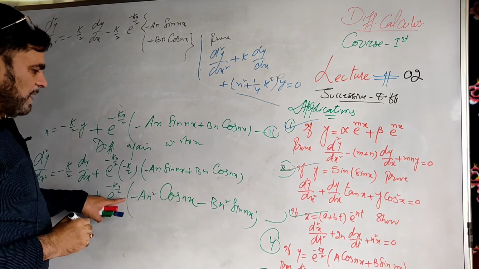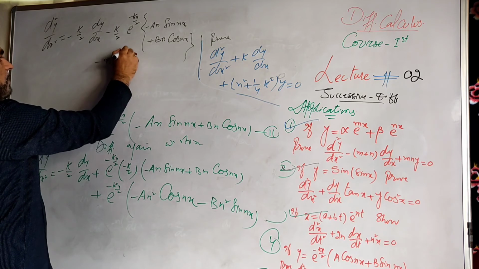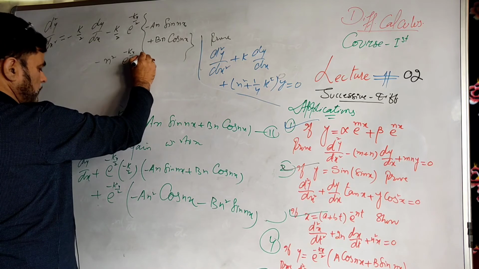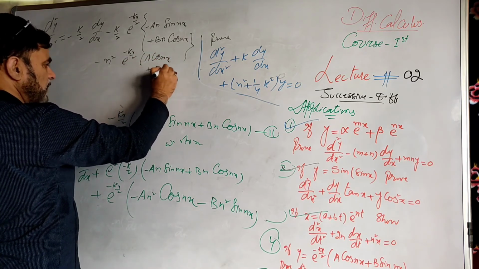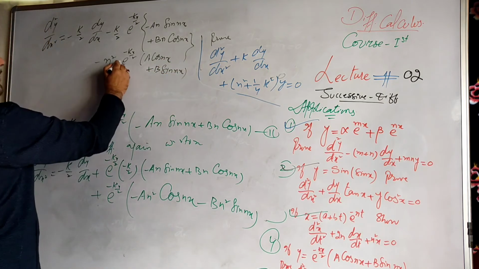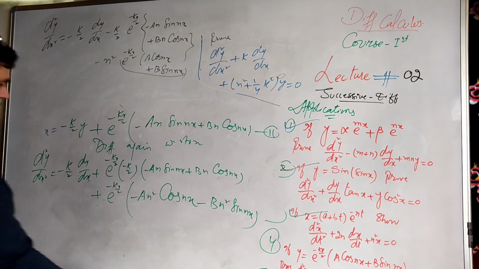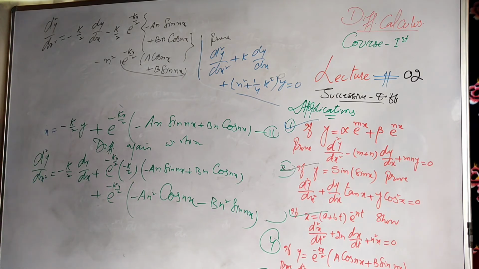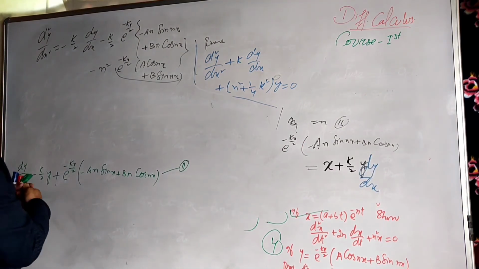Take minus common, take n square common. It is minus n square e raised power minus kx by 2 into a cos nx plus b sin nx. Now this is again equal to y by first, this is y. You see how we go. Now we use its value as y.